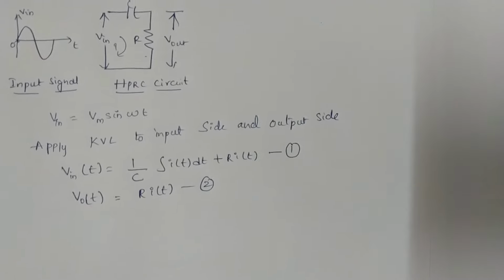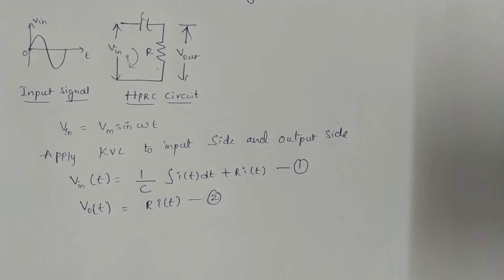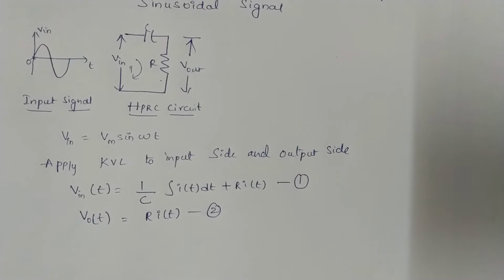In order to find the transfer function, that is H of S, we have to convert the input and output equations, which are in the time domain, to the S domain by using the Laplace transform.